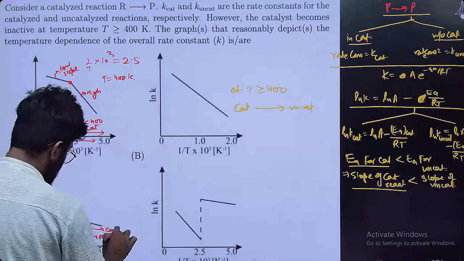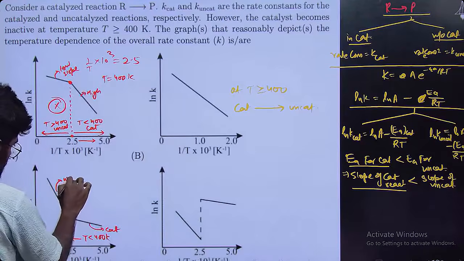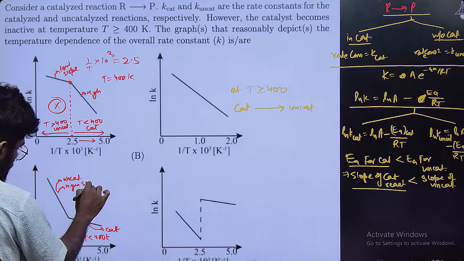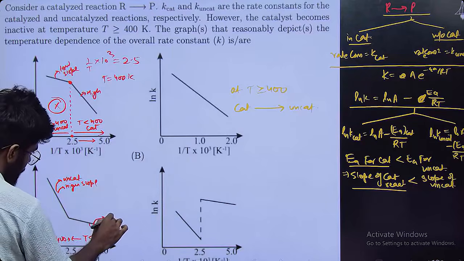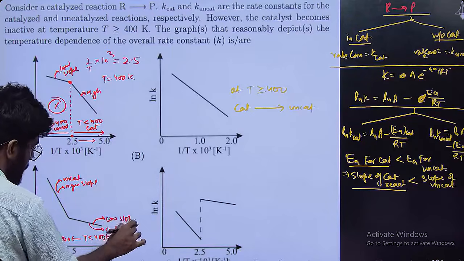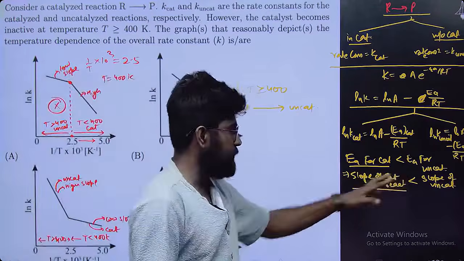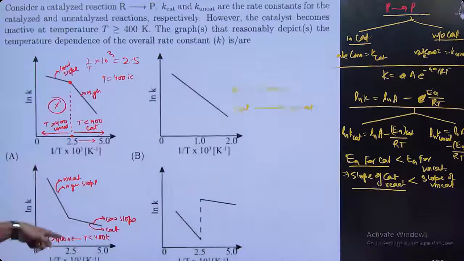This is catalyzed, this is uncatalyzed, high slope, right, low slope, everything is perfect up to now, right? And this is what we are saying, that the slope of the catalyzed reaction should be less than the slope of the uncatalyzed reaction.